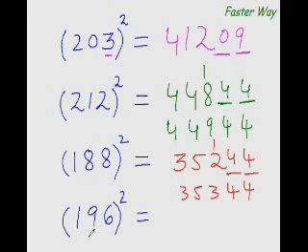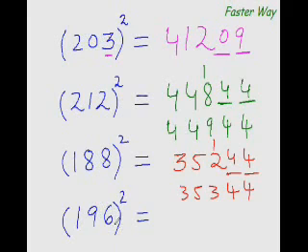Now you have to do this last question. Come on, tell me the answer. What is 196 square? I'm waiting. So once again 196 is 4 less than the base 200.